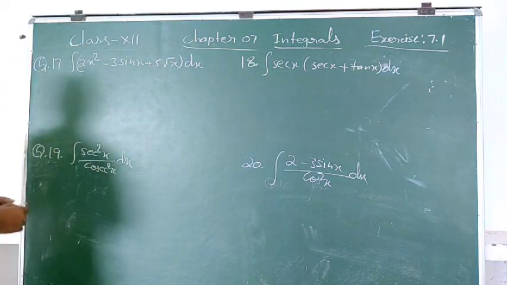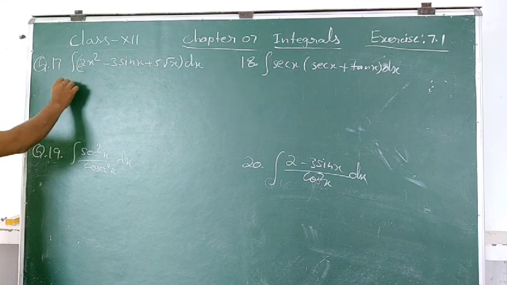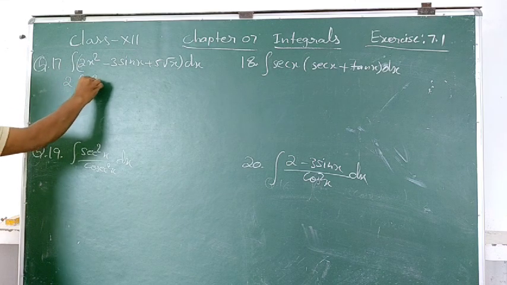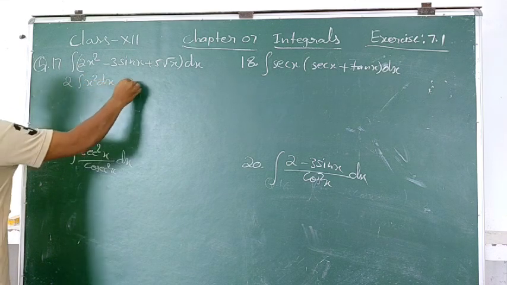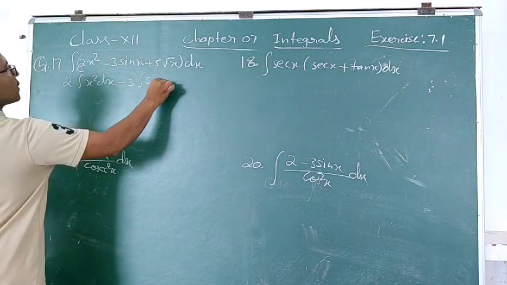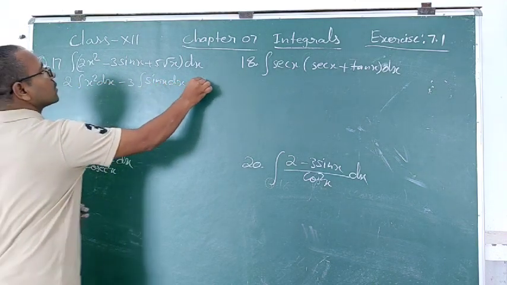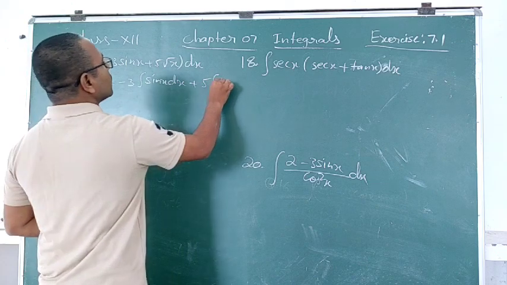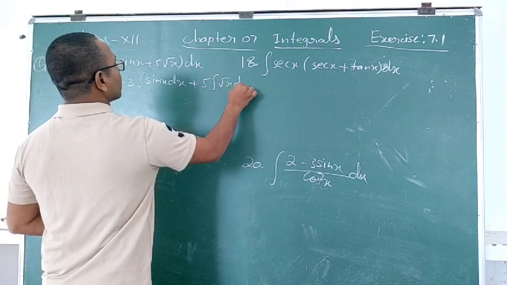So let's see here, 2, just take it outside, again x square dx minus 3 integral sin x dx plus 5 integral root x dx.